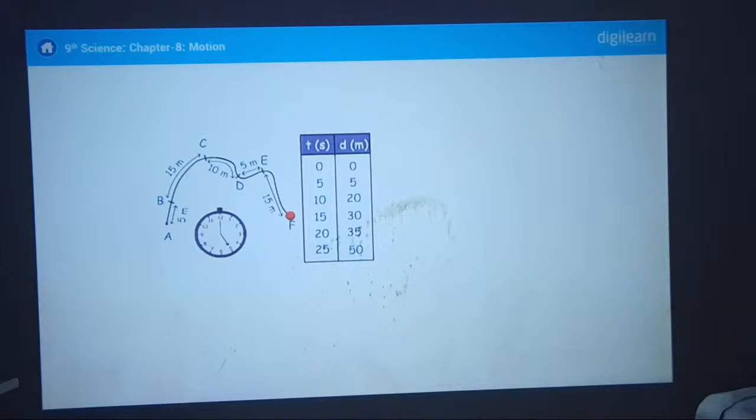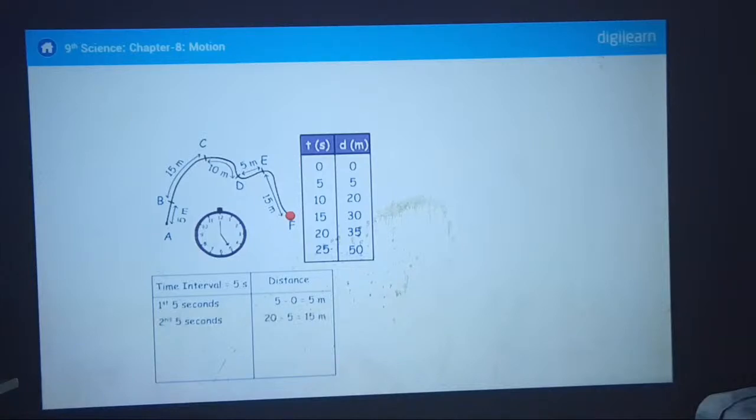The distance travelled by the body in successive intervals of 5 seconds and the corresponding speed of the body are as follows. Time interval is equal to 5 seconds. First 5 seconds, distance travelled in the interval 5 minus 0 is equal to 5 meters.